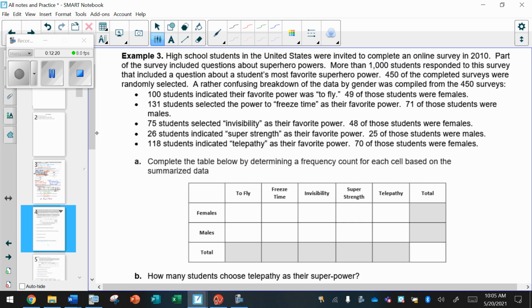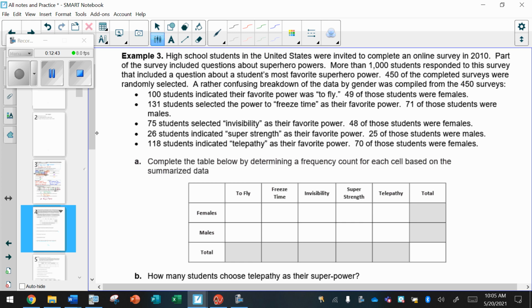More than 1,000 students responded to this survey that included a question about a student's most favorite superhero power. Out of the 1,000 students that responded, 450 of the completed surveys were randomly selected. A rather confusing breakdown of the data by gender was compiled from the 450 surveys.